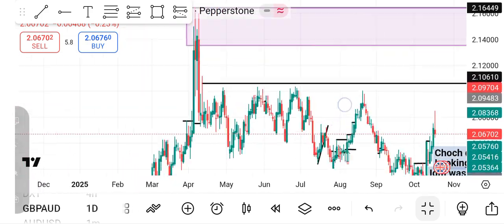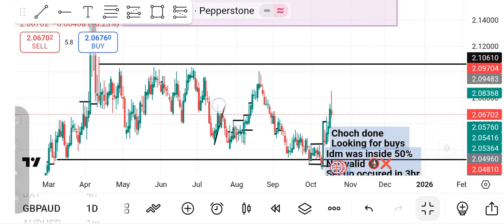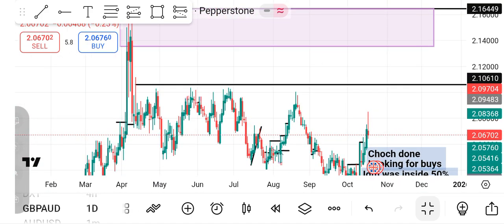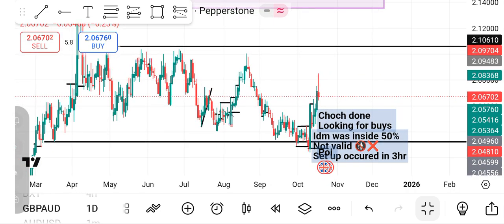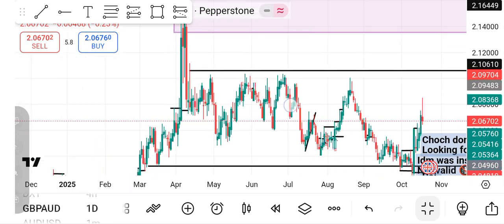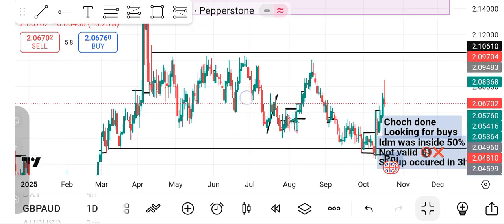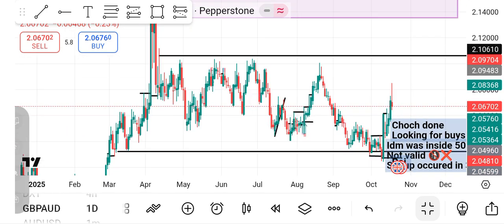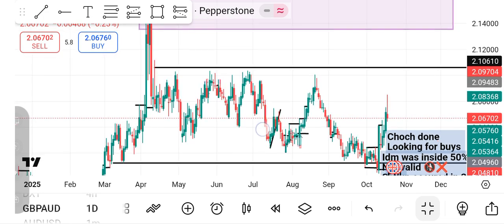I have done my top-down analysis on GBP AUD, right? And what am I seeing on GBP AUD? GBP AUD is bearish. Okay, price is bearish, right? Now, what am I looking for?